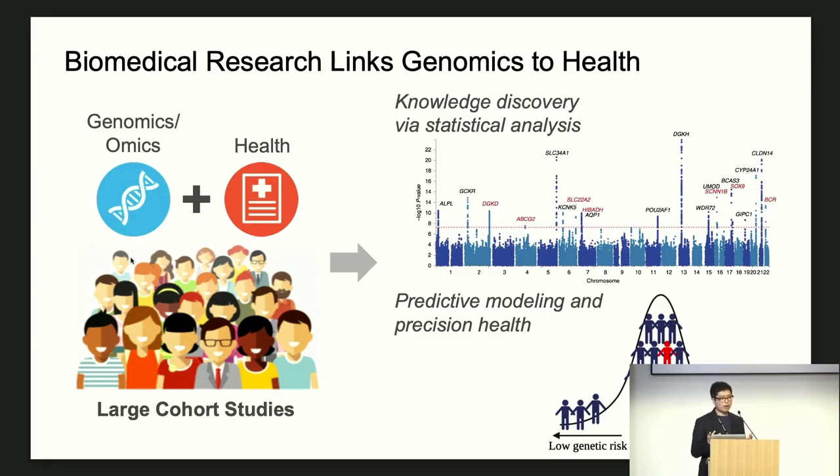What's often done, as you may be aware, is we collect these genomics or omics data linked with health records across many individuals, so we can study the link between these 2 different data types. That allows us to look at the associations and learn about the biological mechanisms behind human disease and human health, and also use that knowledge to build predictive models that can help with clinical decision support.